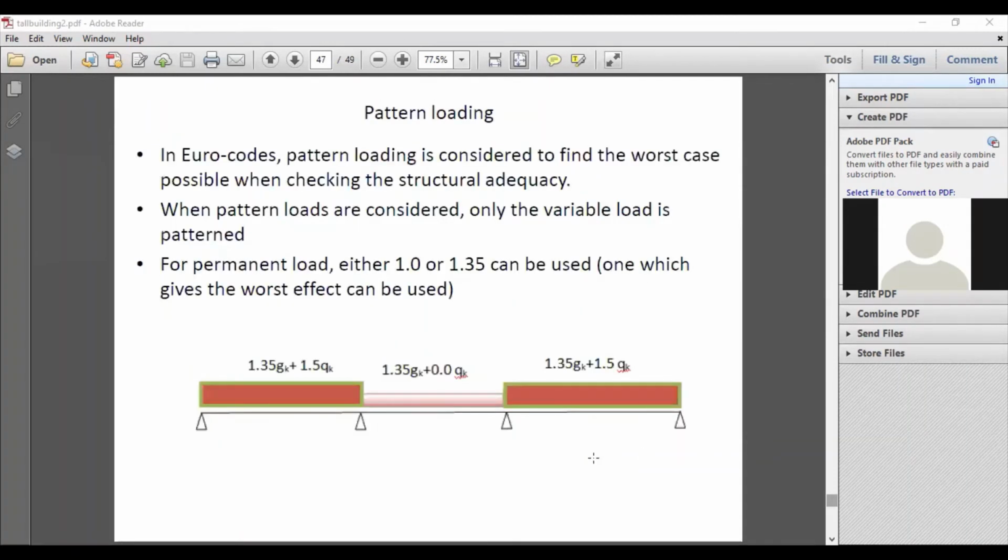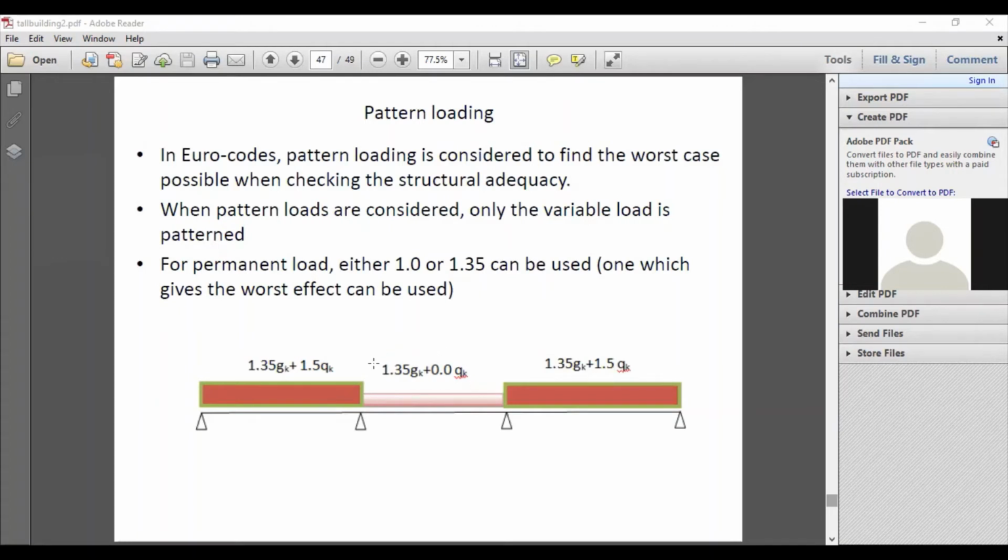And then in the case of designing the beams, we have to consider pattern loading. When you are considering the pattern loading, the ideal way to consider it is you go with this span, load it with the maximum.